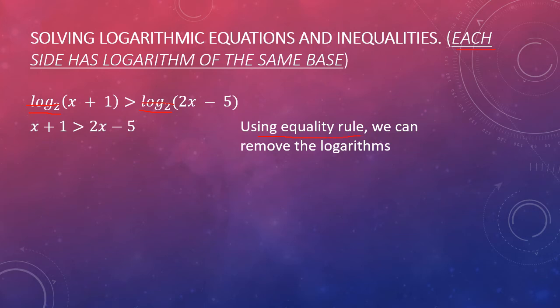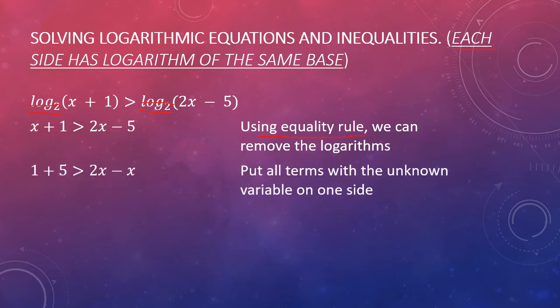So, again, we use the equality rule. Next step. So, I put all terms with the unknown variable on one side. So, the terms with x, I combined on one side. 2x can move to the side of x, or vice versa. What I did, instead of moving 2x, I moved the x on the left side to the other side, so that when I move it, the value will not become negative.